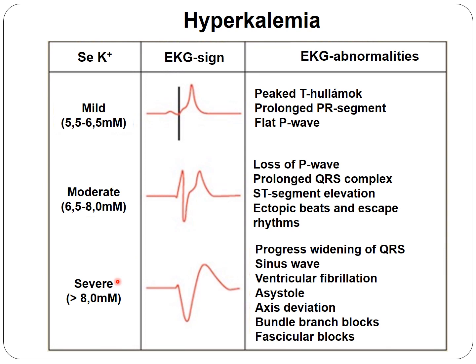In severe cases, when the potassium concentration is higher than 8 millimole per liter, the QRS progressively widens and looks like a sine wave. The initial part is the QRS complex and the next part is the T wave. But ventricular fibrillation, asystole, axis deviation, bundle branch blocks and hemiblocks will develop very frequently.